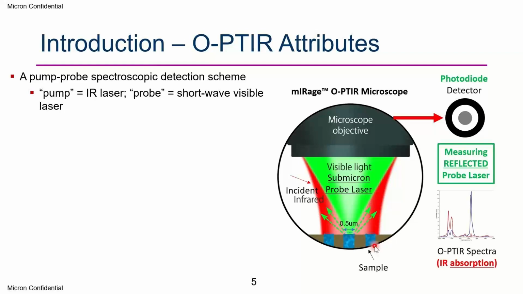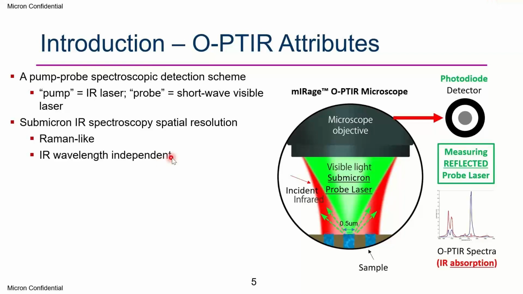What reacts with our area of interest is the probe, which is green. So the IR comes as a pump, but the reaction with our area of interest is the probe. This probe is actually a fixed design by the Mirage OPTR, at 0.5 micrometer.